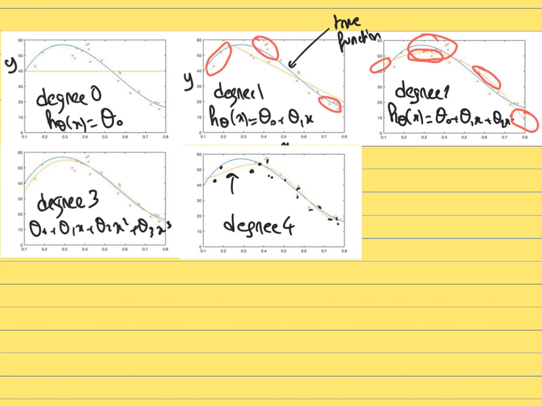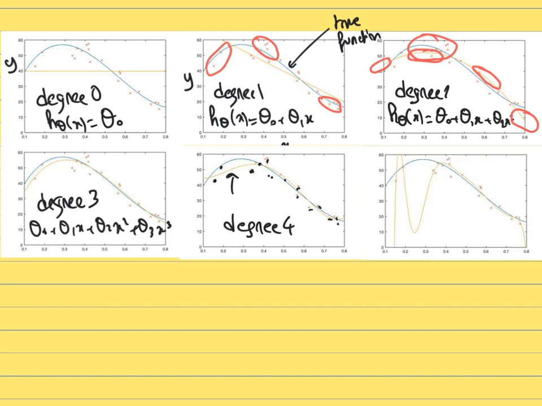But when we compare it to the true function, it's actually not as good as the degree 3. If you don't know this true function, which in practice you will never know, it's very easy to think that this degree 4 is actually better than the degree 3 model. Now this is what you would get if you use a degree 10.